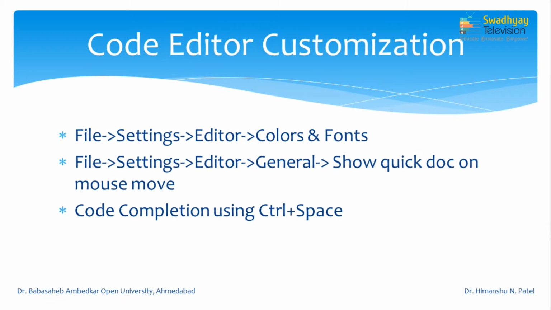These are some of the options. There are many options available for code editor customization, but these are some of the options that we have discussed and are most useful for you to customize your code editor. We will see how to do this in Android Studio later on, but right now you have to remember these three options.